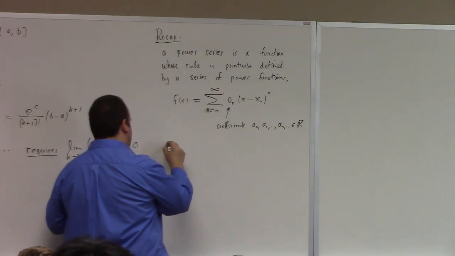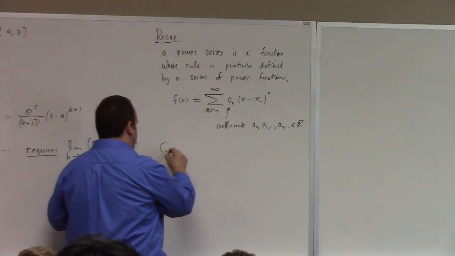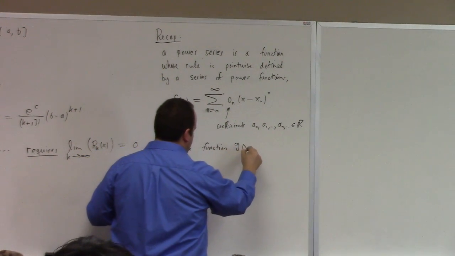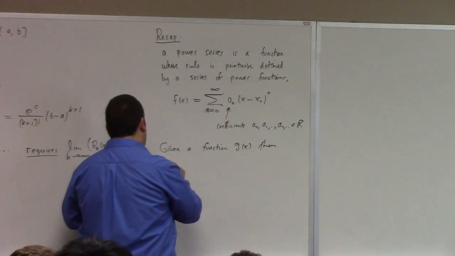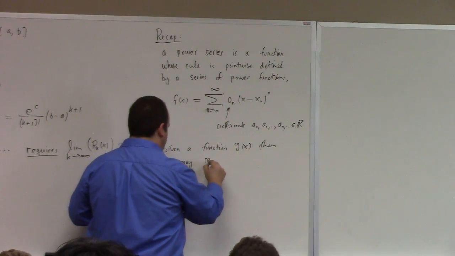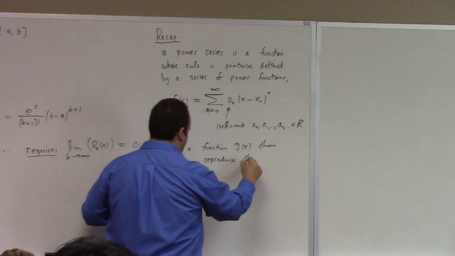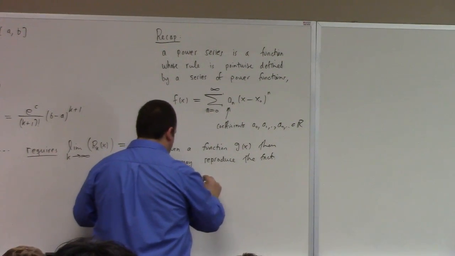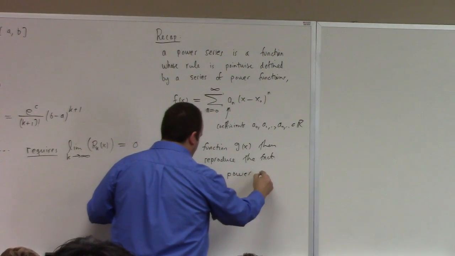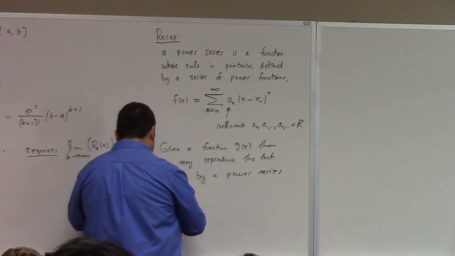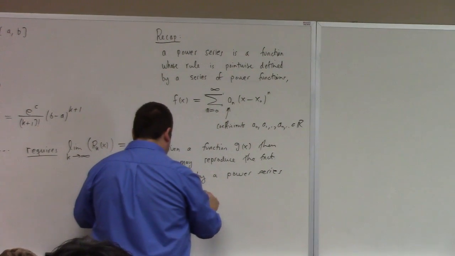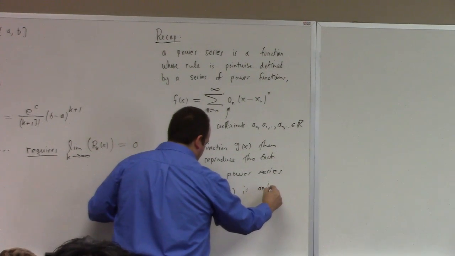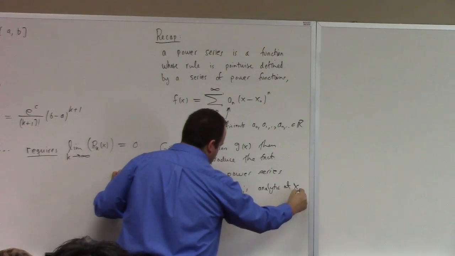So then the second idea is that if we're given a function, let's say g of x, then we may reproduce the function locally by a power series expansion if g of x is analytic at x naught.